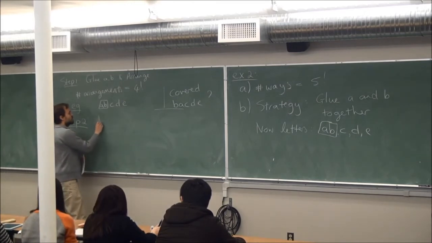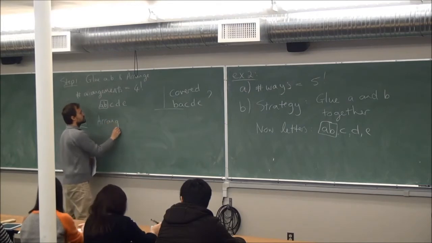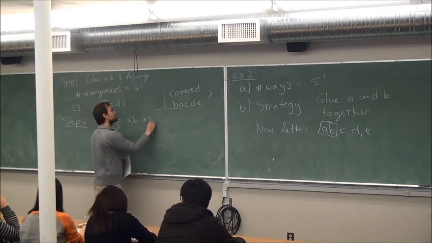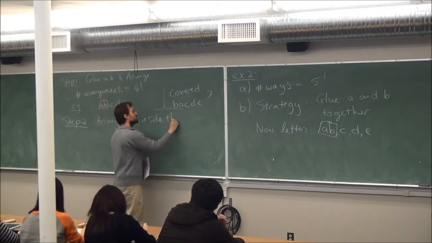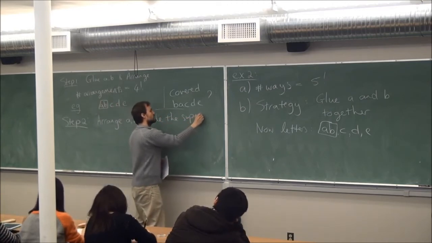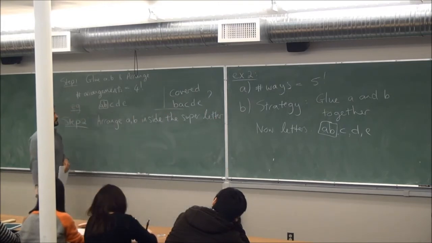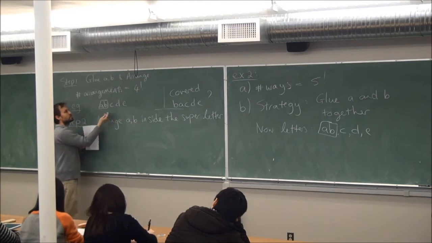So I have to arrange A and B essentially inside the super letter. Now I pretend I remove the glue. Now I can move them again.